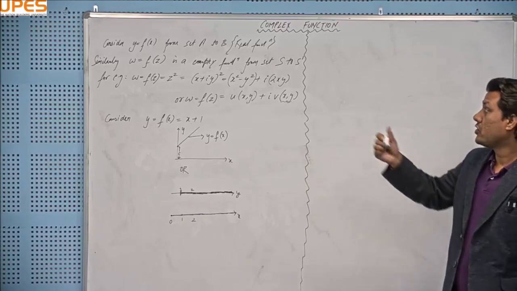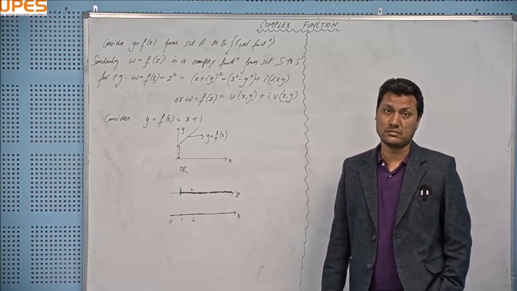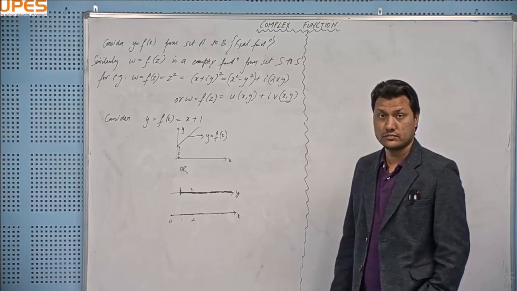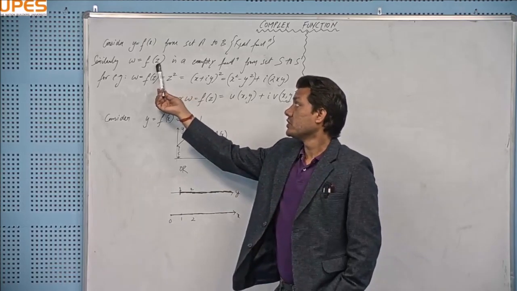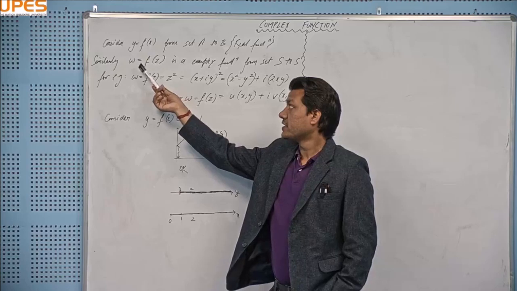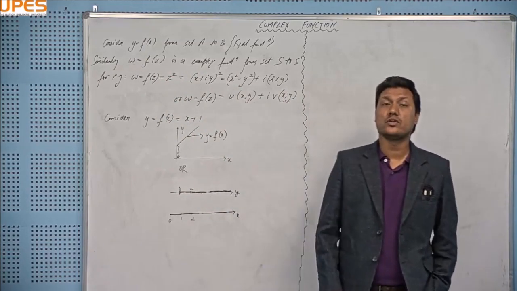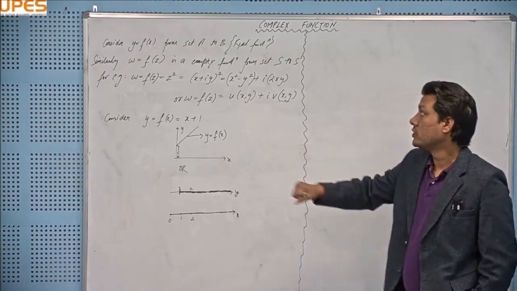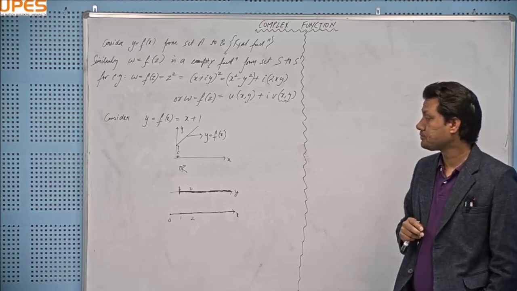Similarly, in order to draw a complex function, we will be needing 4 planes or 4-dimensional space, right? Because the input z is of 2 dimensions, x plus iy, right? And the output is also of 2 dimensions. So we should have 4-dimensional space in order to draw this complex function, and that is not practically possible, right?